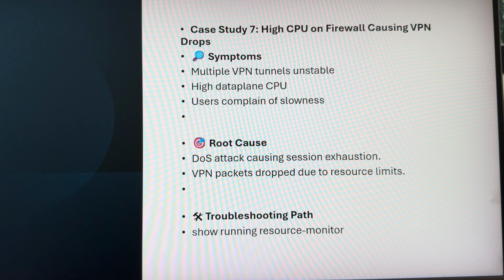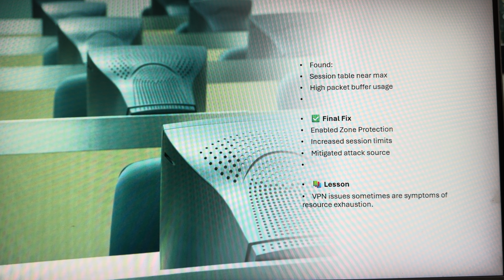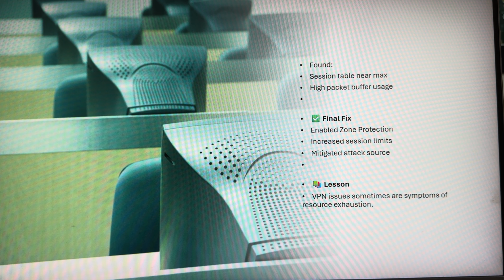Troubleshooting path: show running resource-monitor. Found the session table near max and high packet buffer usage. Final fix: enabled zone protection, increased session limits, and mitigated the attack source. Lesson: VPN issues are sometimes symptoms of resource exhaustion.